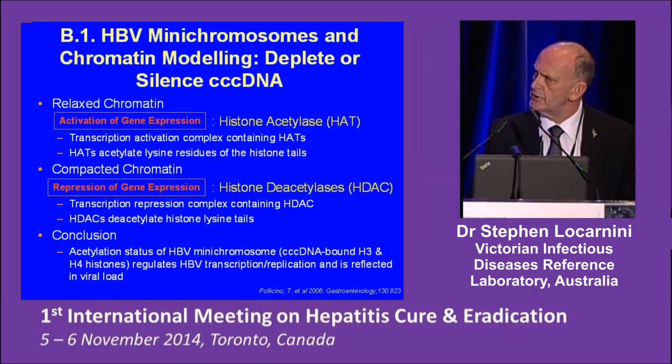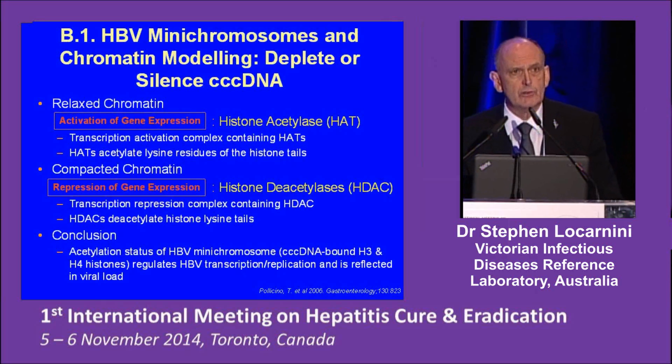The conclusion, and what Massimo Levrero and Giovanni Raimondi's group have shown, is that the acetylation and methylation status of the viral mini chromosome, mainly on H3 and H4, is really what regulates the virus on a day-by-day basis and over the natural history of chronic hepatitis B. And that's reflected in the HBV viral load.